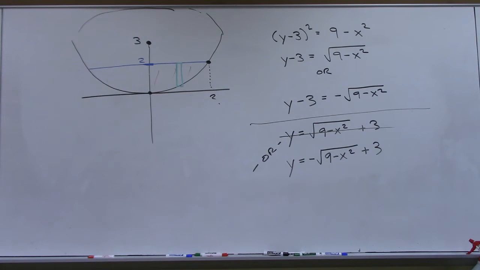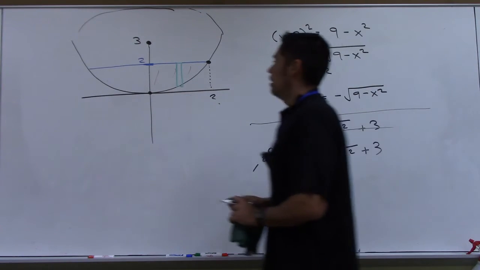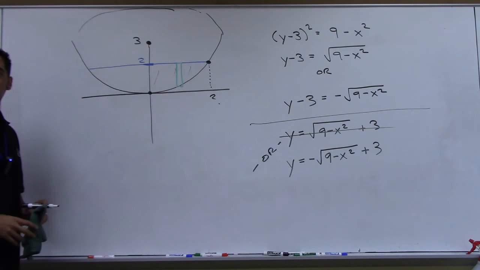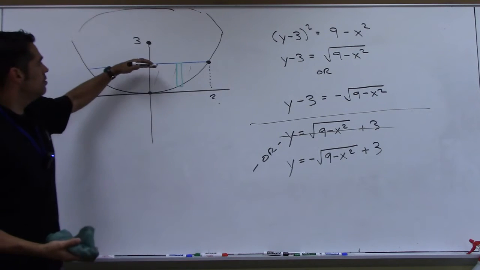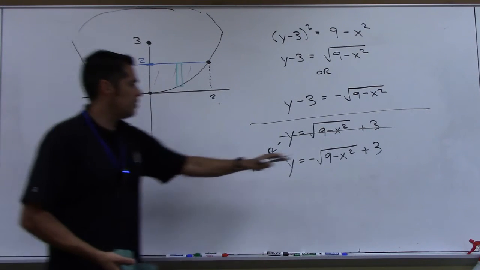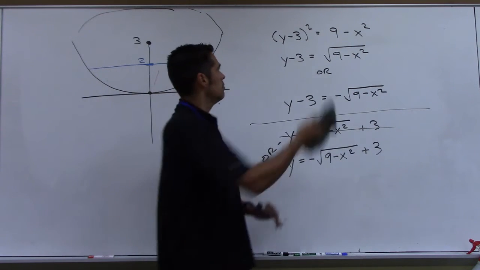So now, I'm going to go and try and get where they intersect each other. So I need to do where this blue curve hits the black curve. That means I need to set this function equal to what? 2, right? Y equals 2.